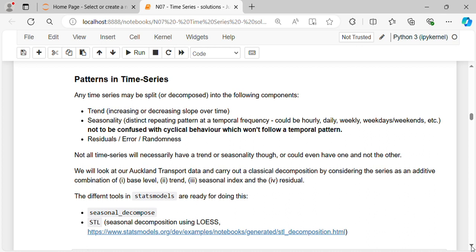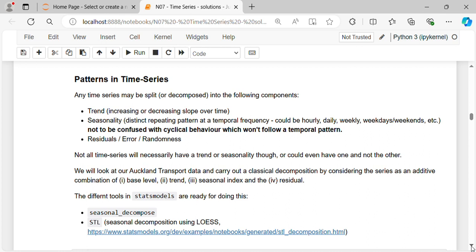Not all time series will necessarily have a trend or seasonality, or could even have one and not the other. We will look at our Auckland transport data and carry out a classical decomposition by considering the series as an additive combination of base level, trend, seasonal index, and the residual.